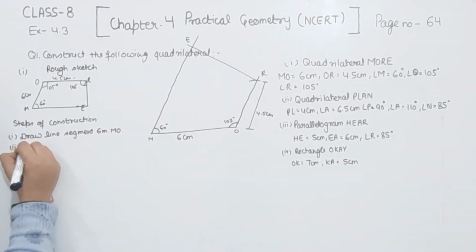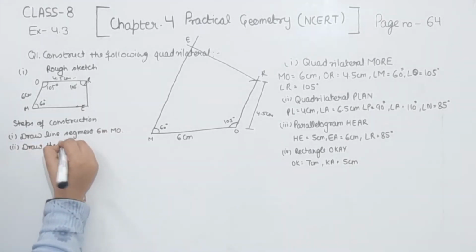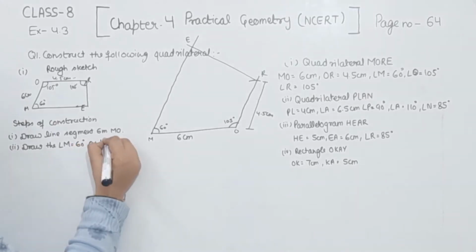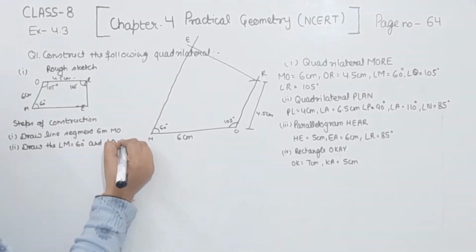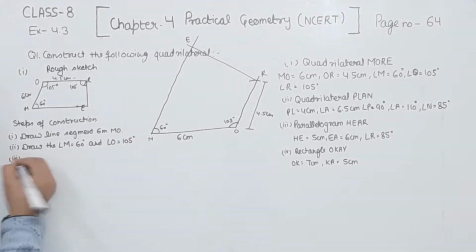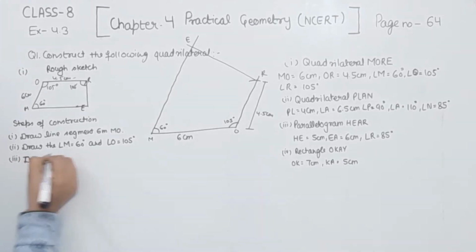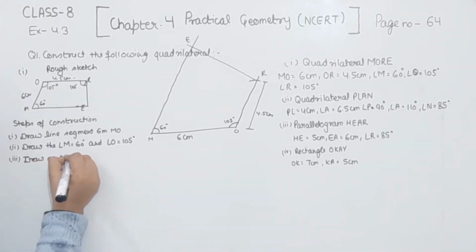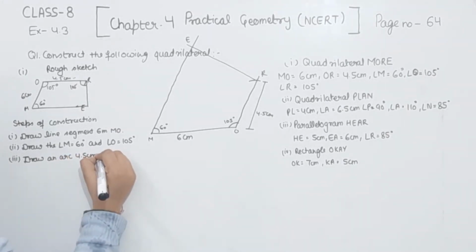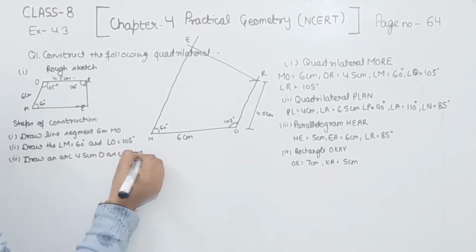Then we are going to draw the angle M is equal to the 60 degree and angle O is equal to the 105 degree. Now we are going to draw an arc 4.5 centimeter, O as center.